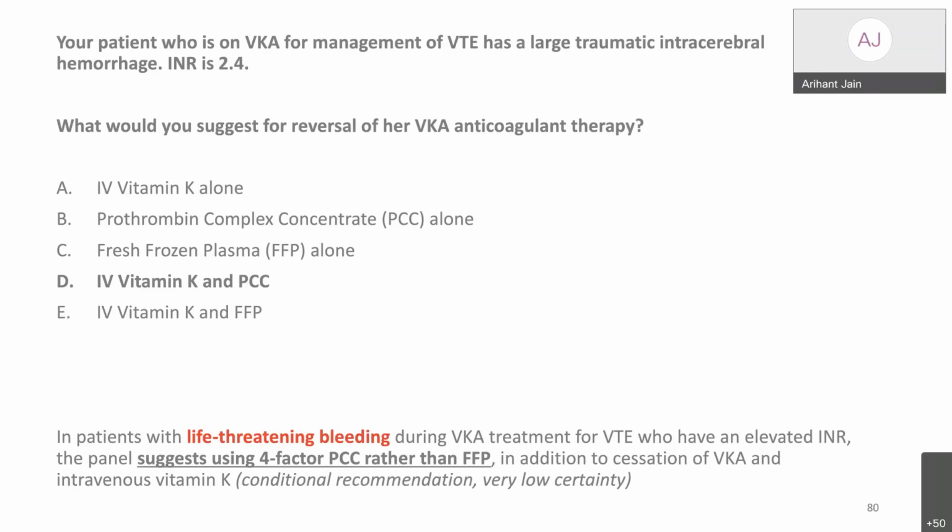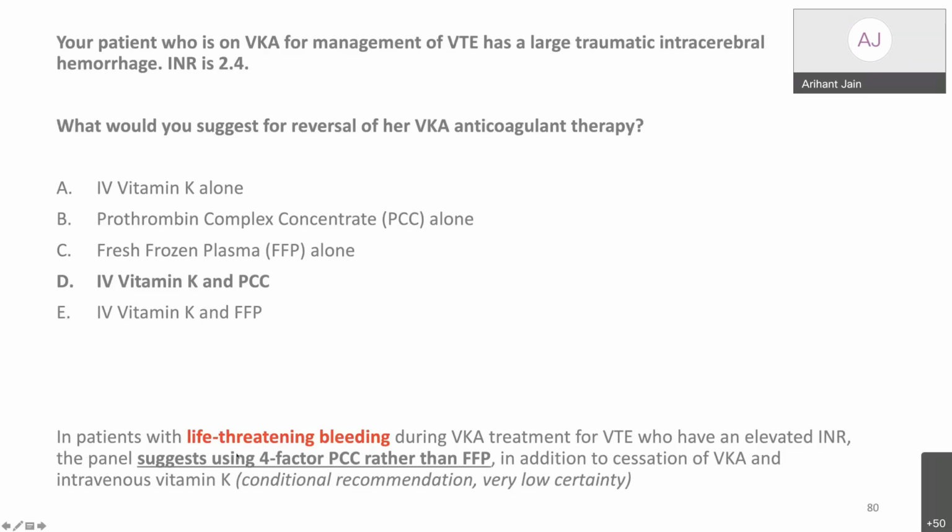FFP alone, no matter how much volume you give, will not be able to completely reverse it. So here the answer would be IV vitamin K with prothrombin complex concentrates. Fiba or Octaplex, both are available in the market. So the answer would be IV vitamin K with PCC.